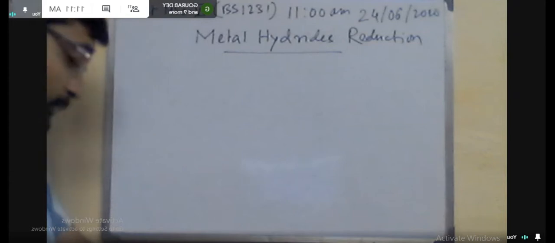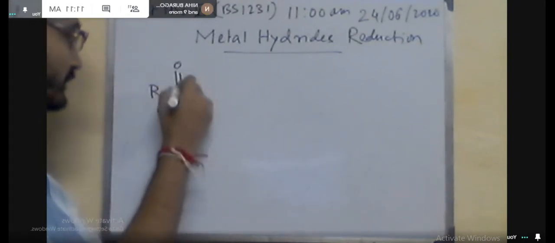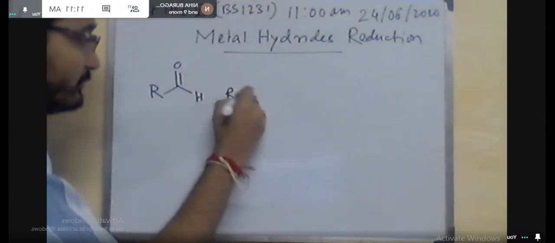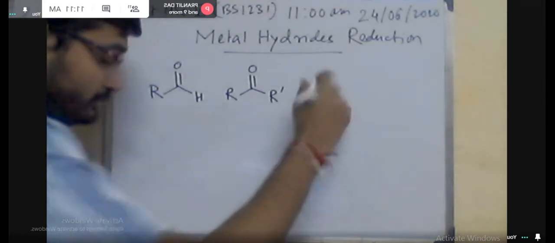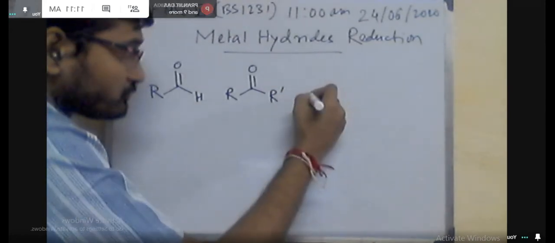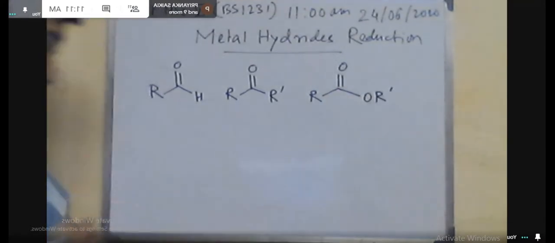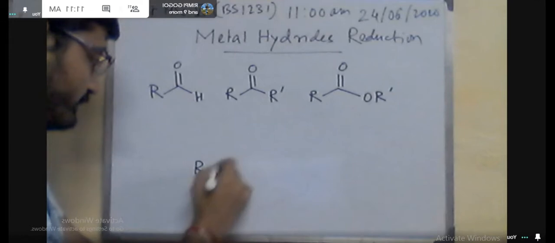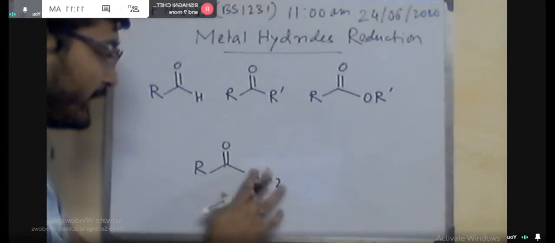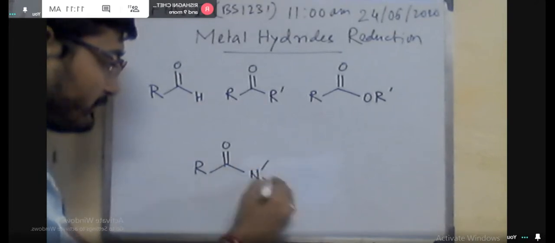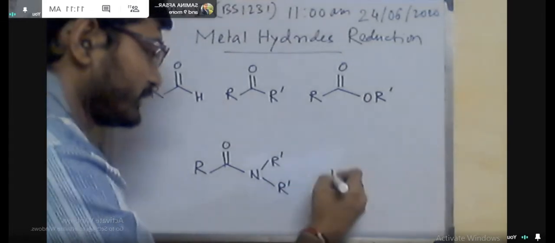So we know this is aldehyde, this is ketone, this is ester, amide, NR2, and the last one is the carboxylate or say acid.